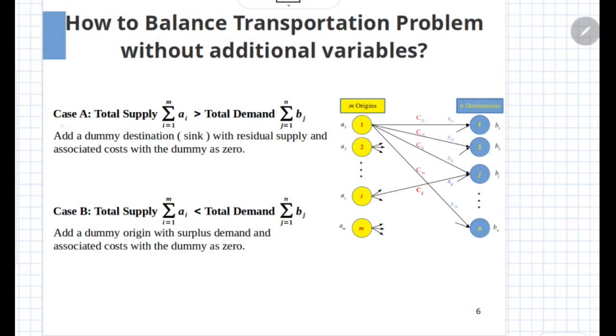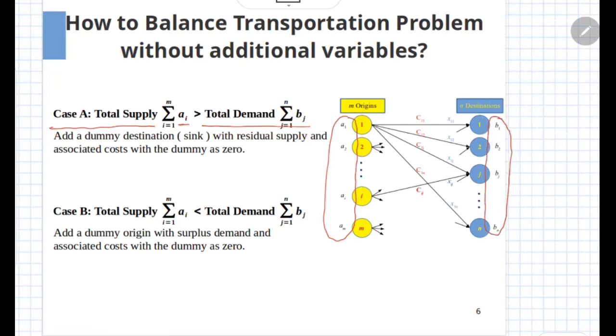The first scenario is that the total supply is greater than total demand. That means the quantity which is available at the origins is larger than the quantity which is demanded by the destinations.